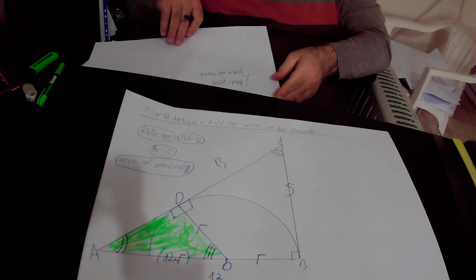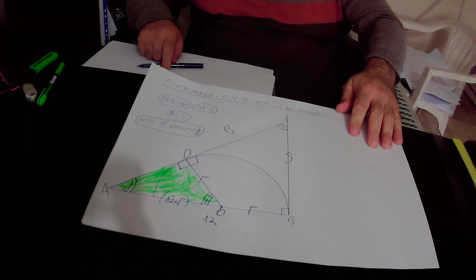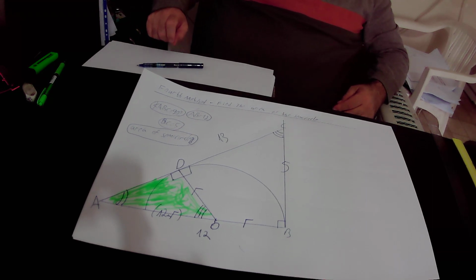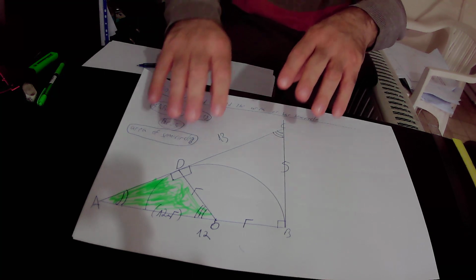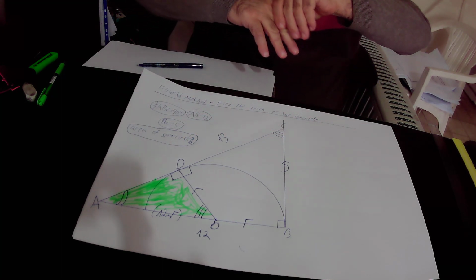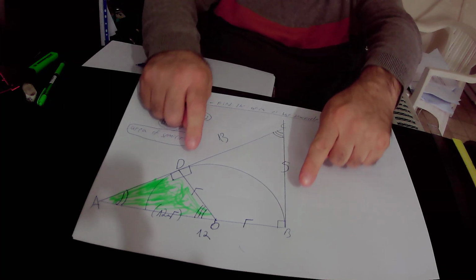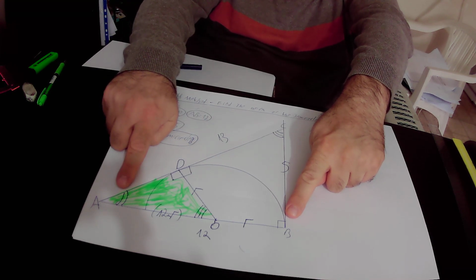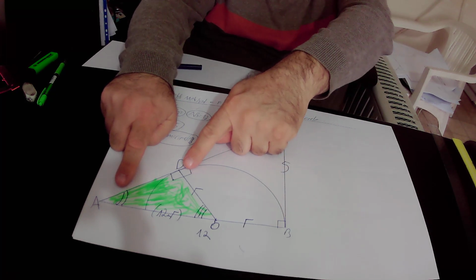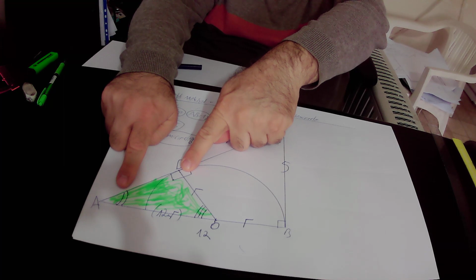So what is the third angle theorem? The third angle theorem states that if two angles in one triangle are congruent to two angles in another triangle, then the third pair of angles must also be congruent. In triangle ABC and the green triangle, we found that those two angles of triangle ABC are congruent to those two angles of the green triangle, triangle ADO.